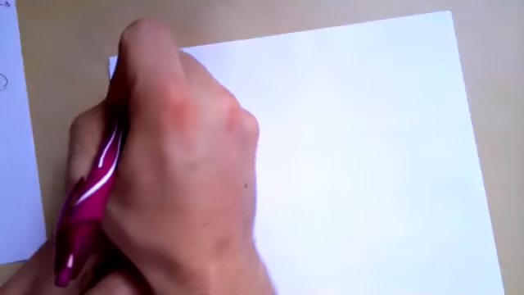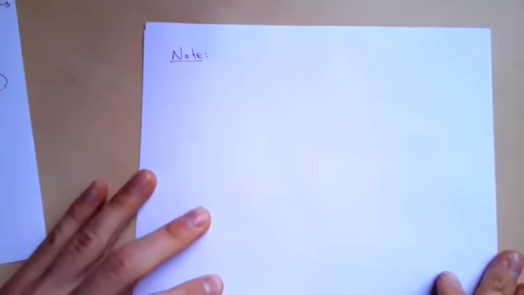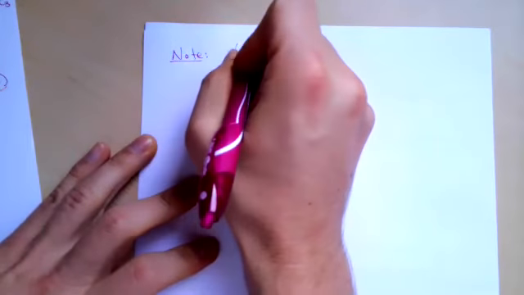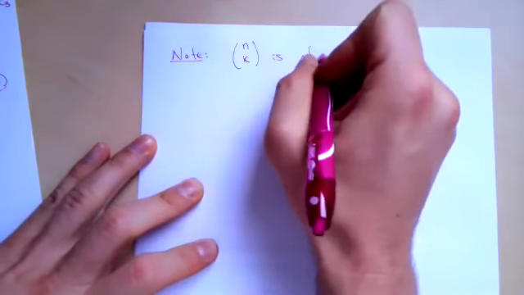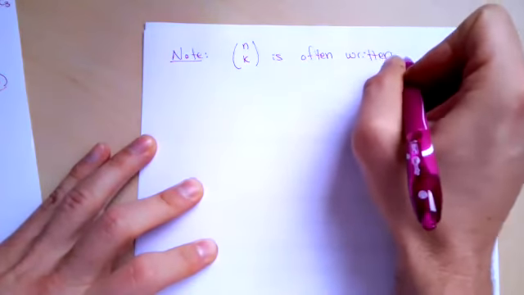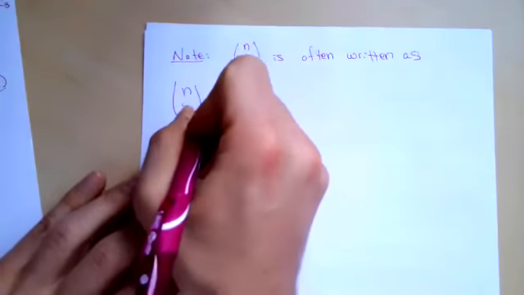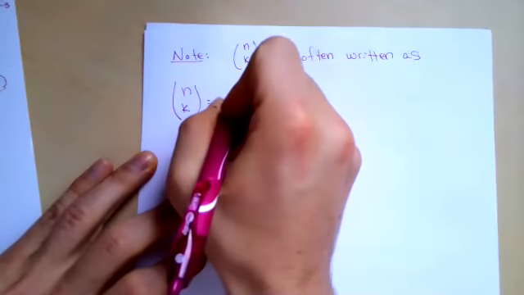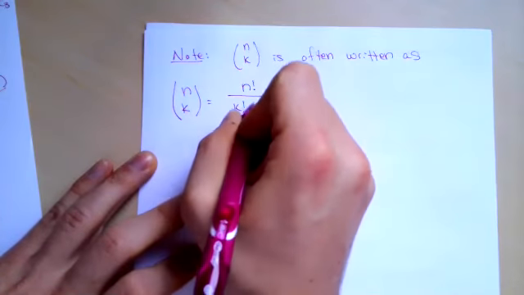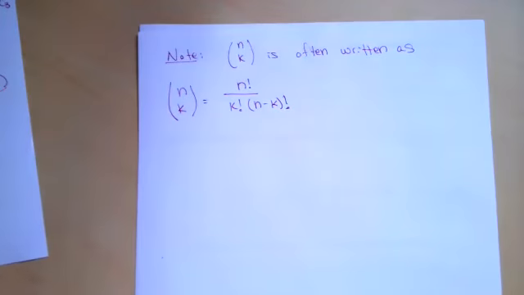One thing to note, since we're talking about simplifying factorials, is that when you see this, it's often written as n factorial over k factorial times n minus k factorial.